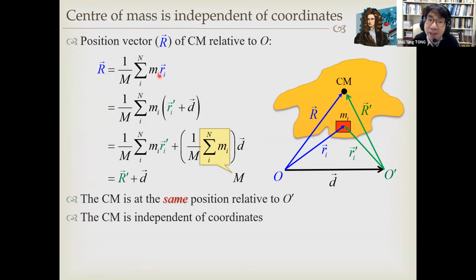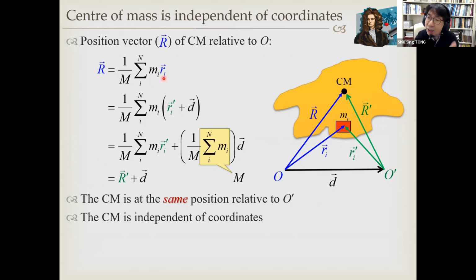And so you may wonder, is the summation of m_i r_i divided by M, given by this formula, independent of coordinates? If I use a different coordinate origin to calculate the center of mass using different r_i, would I get the same position, or a different position?